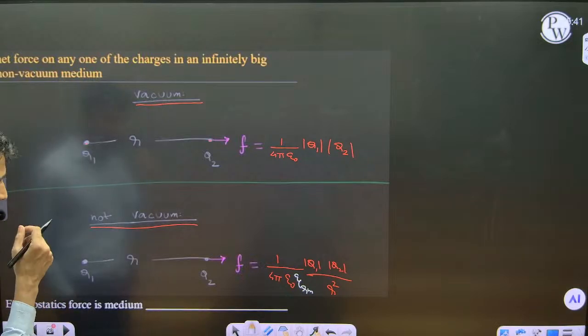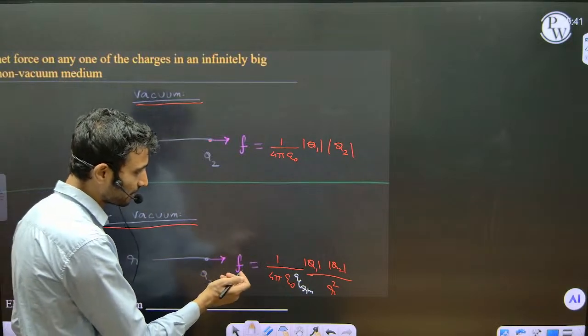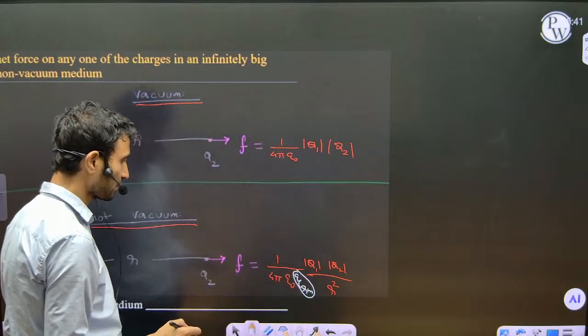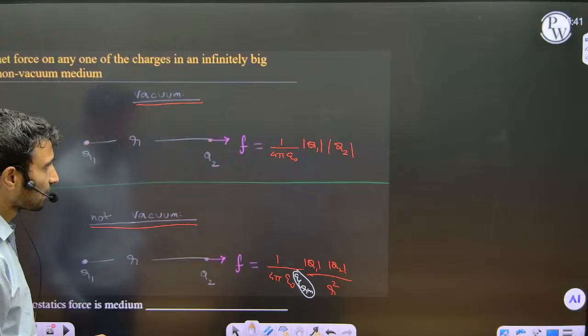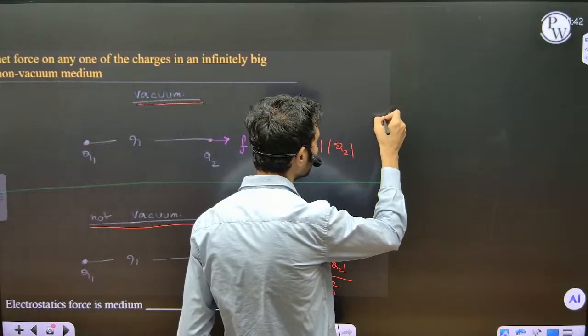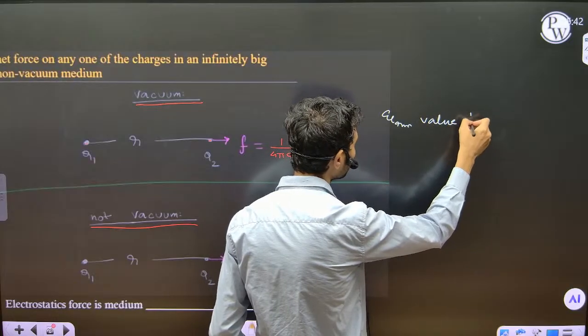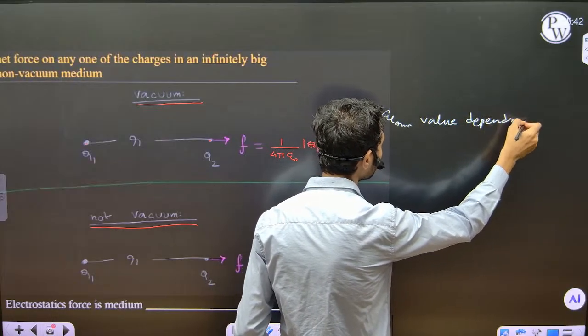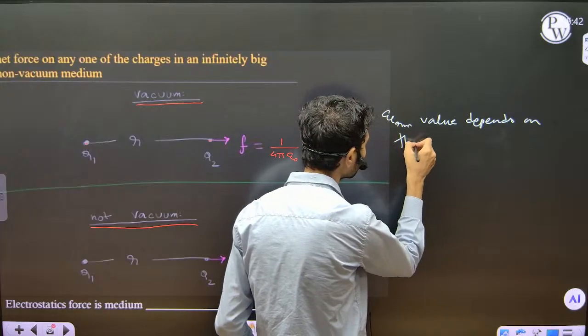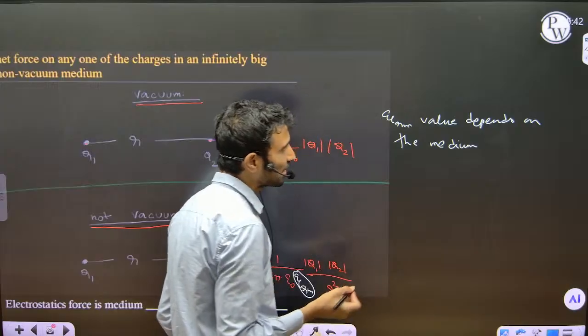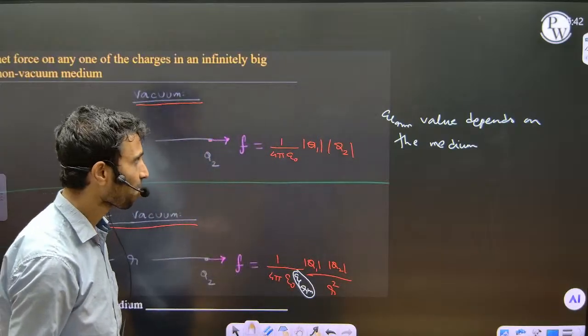So you see, the force in the medium depends on this quantity also, right? And the value of epsilon rm depends on the medium.